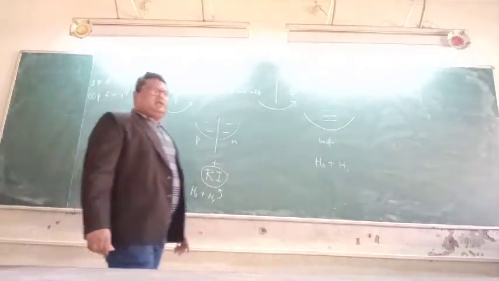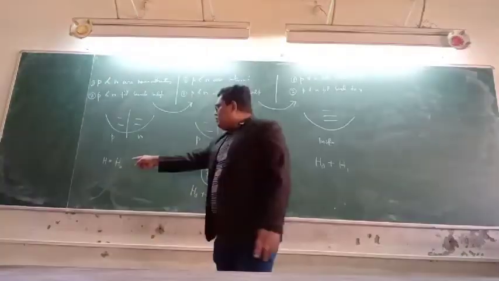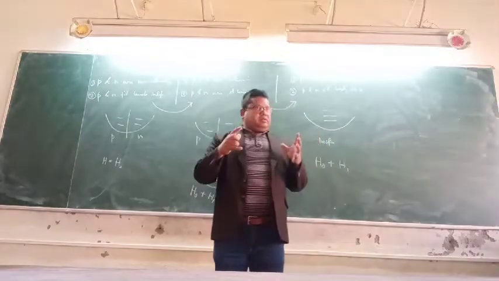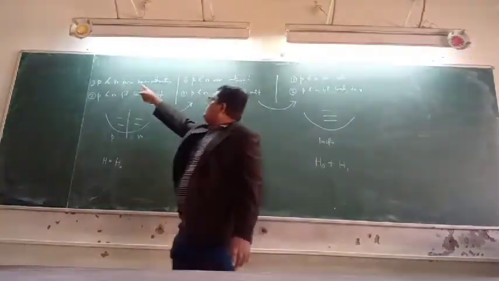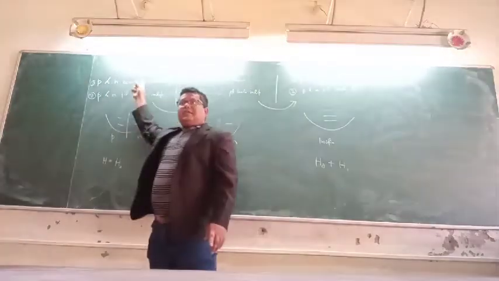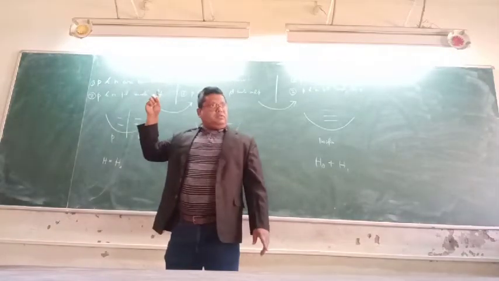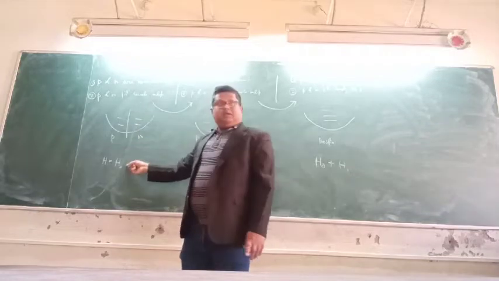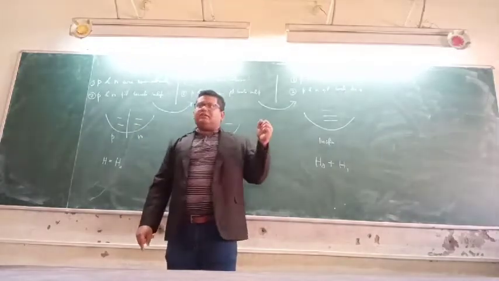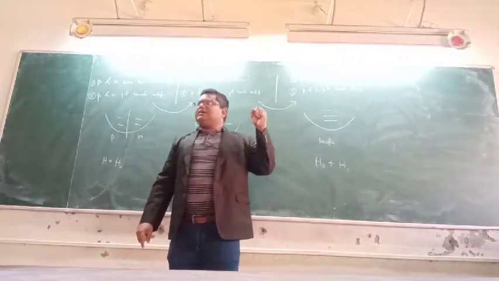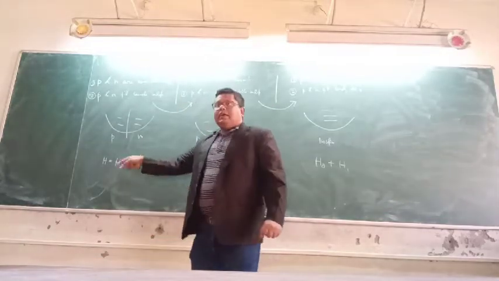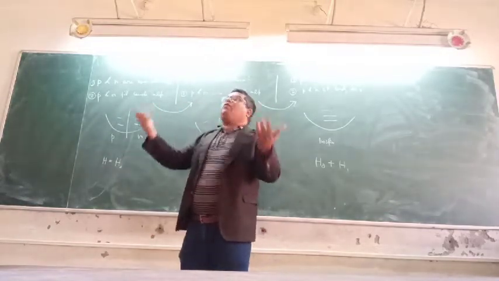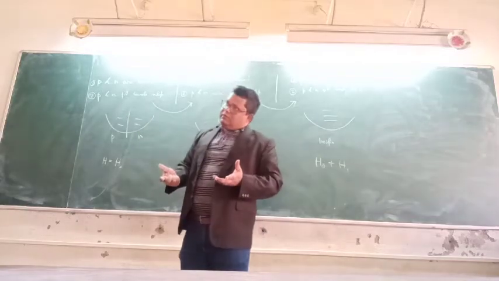So what does this mean? This means that now this atomic nucleus, quantum many-body system, consists of basically non-interacting protons and neutrons. This is the meaning. And a single proton or a single neutron is basically moving in the mean field created as a result of all other nucleons.